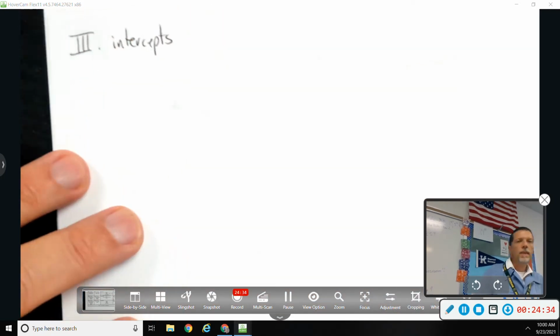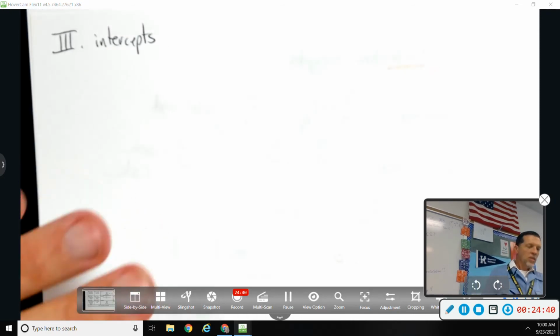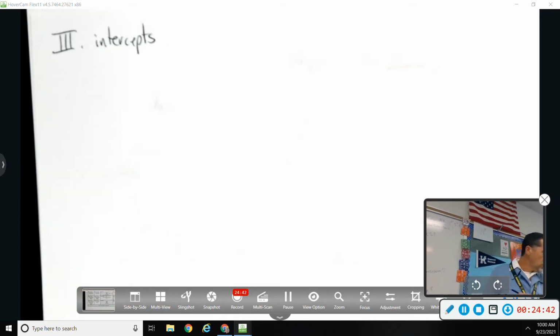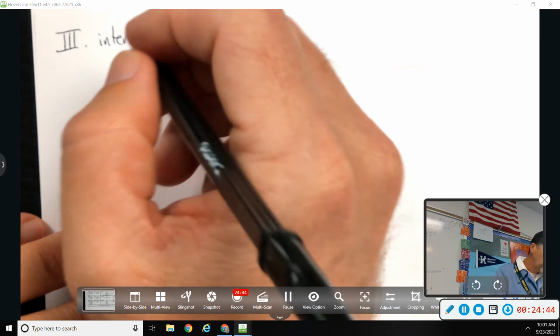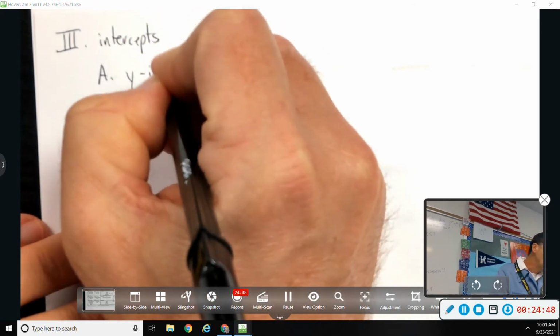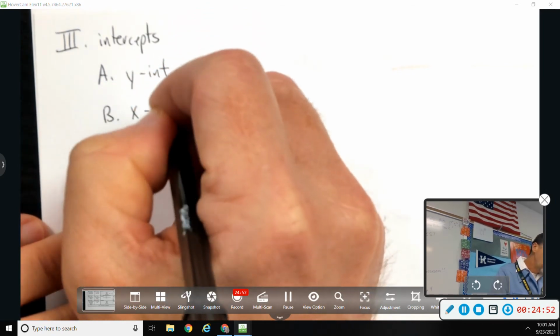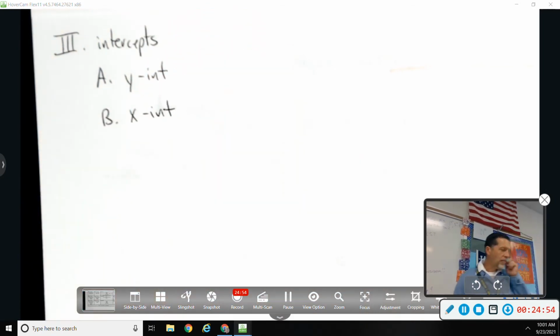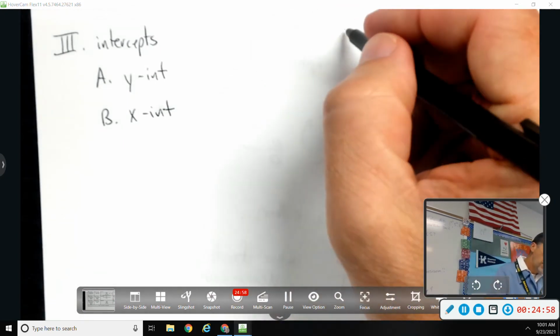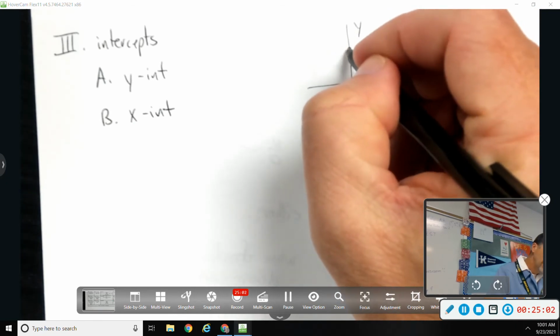All right, we're on the downhill run for the non-provided notes. The third set of things we'll ask for is intercepts. This is supposed to be old news, but we'll see. Do you remember how to find a Y-intercept? Let's look at a picture.